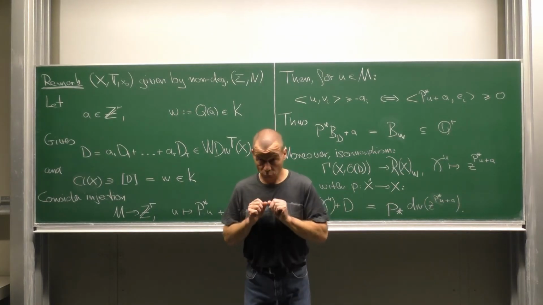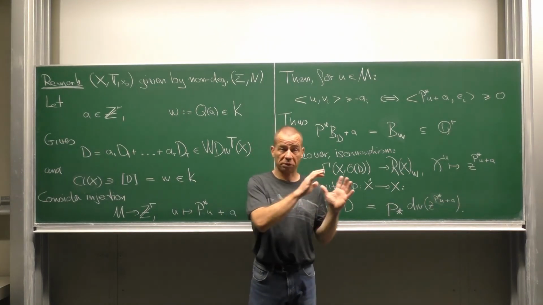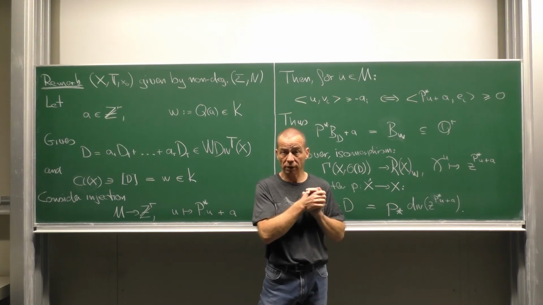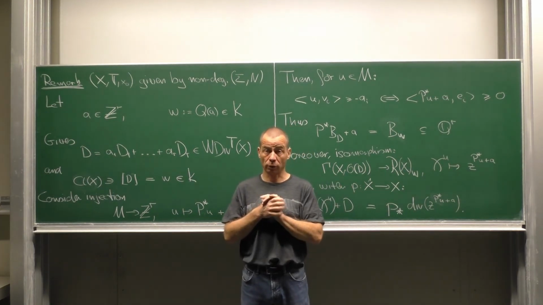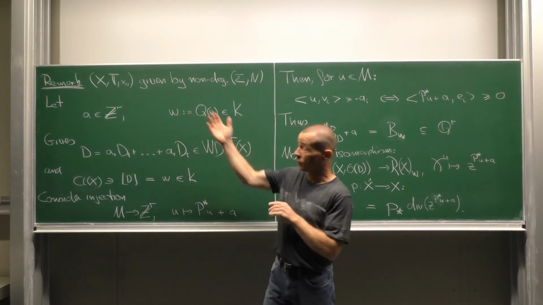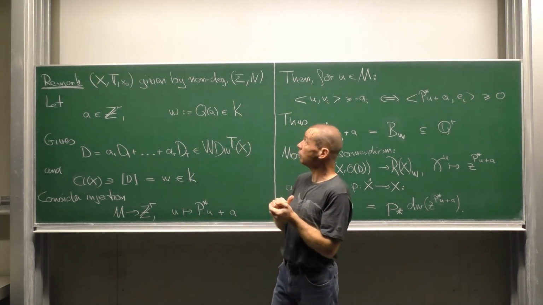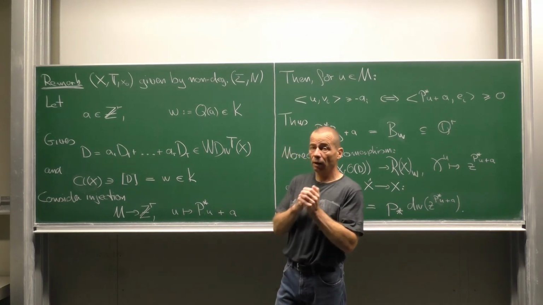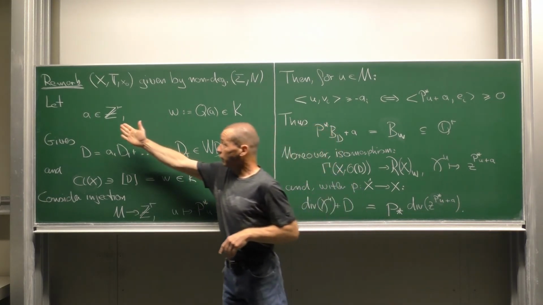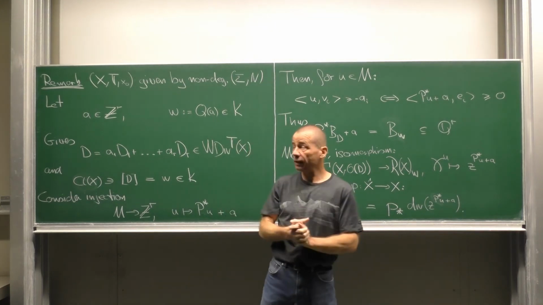Finally, we want to bring together spaces of sections of divisors and homogeneous components of the coordinate ring. So consider a toric variety given by a non-degenerate lattice fan. As before, take a vector a in Z^r.